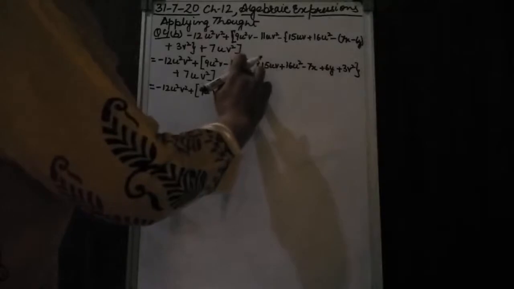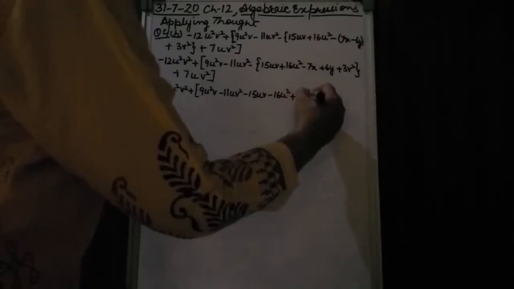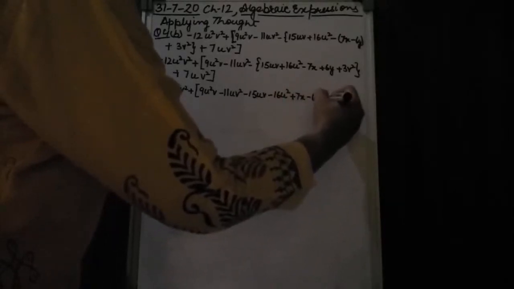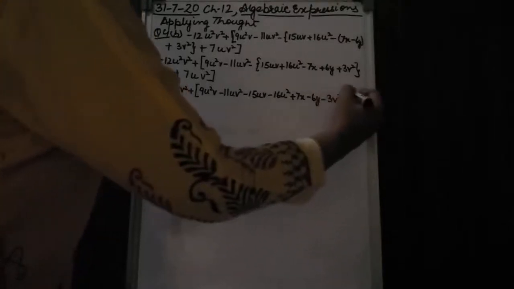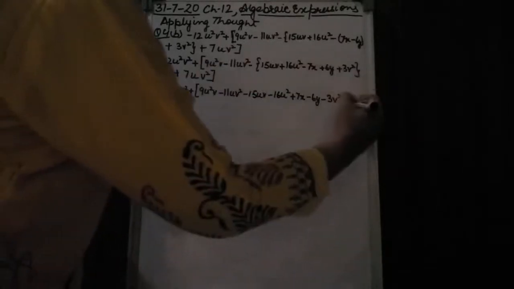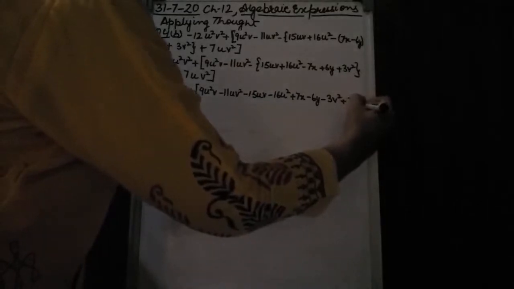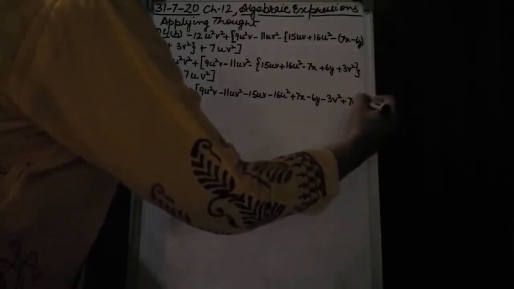See, the negative sign is there before the bracket, so you are going to change the sign for each and every term. Minus 16 u square plus 7x minus 6y minus 3v square. And here you have plus 7uv square, close the bracket. Got it?